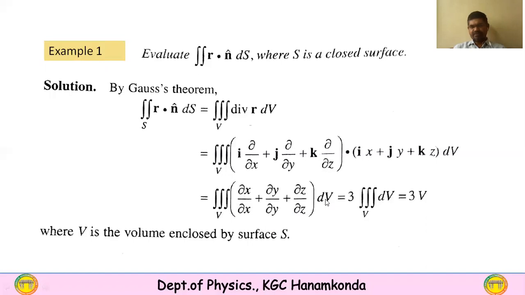So 3 times the triple integral of dV. The triple integral of dV is nothing but the total volume enclosed by the surface. Therefore, that equals 3V, where V is the volume enclosed by the surface. In this way, we are using the Gauss divergence theorem to solve this numerical.